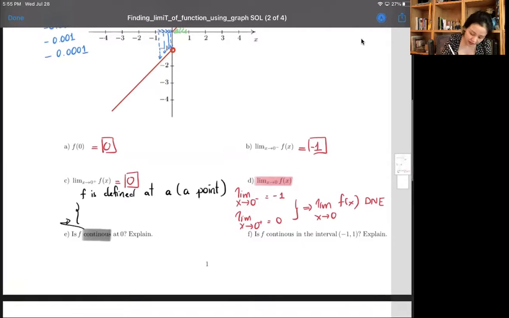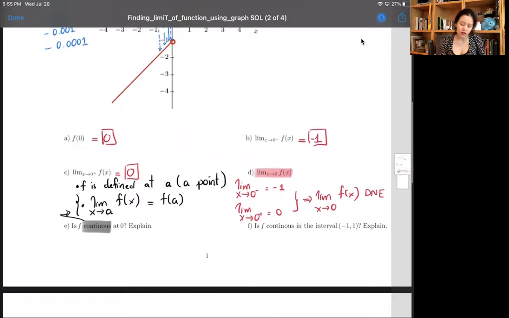The second bullet point is that the limit as x approaches a, or x approaches 0 in this problem, of f of x has to be equal to f of a. Those are the two things that define continuity.